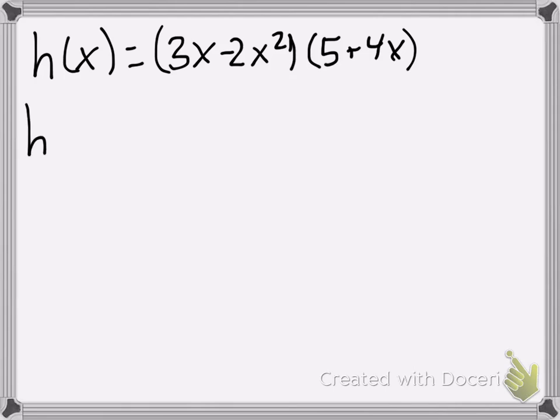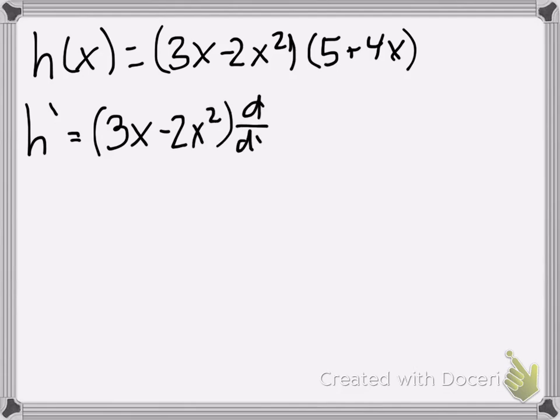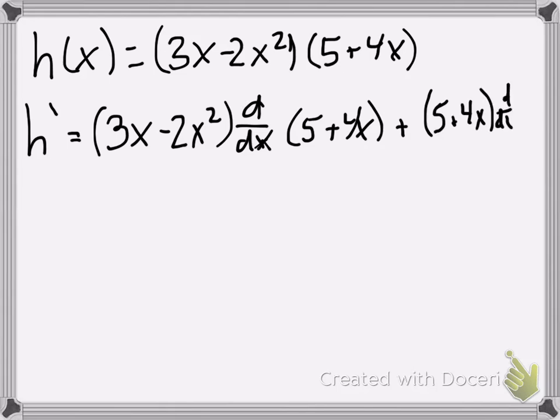So when we get to more complicated examples later on in the course, it can all fall in line for you. So the derivative of h is going to be the first function times the derivative with respect to x of the second function plus the second function times the derivative of the first.